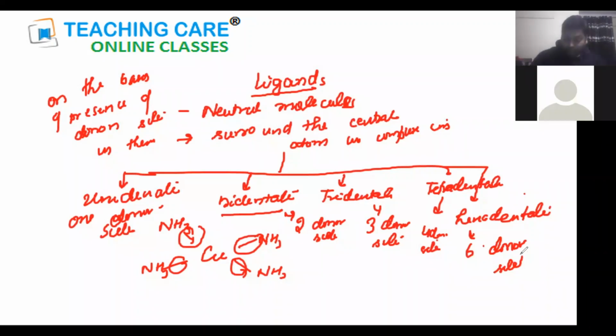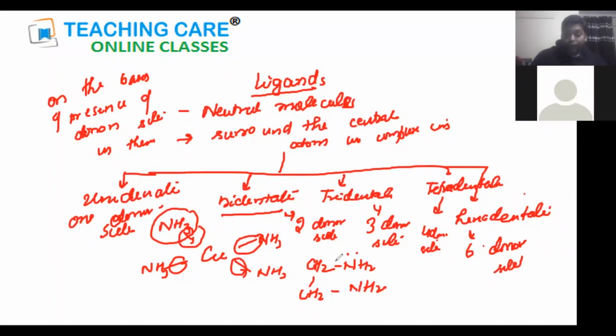For example, ammonia is an example of a unidentate ligand. Then bidentate: when we talk about ethylenediamine, CH2NH2, this also acts as a ligand and it has 2 donor sites.